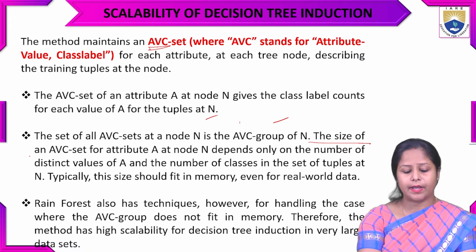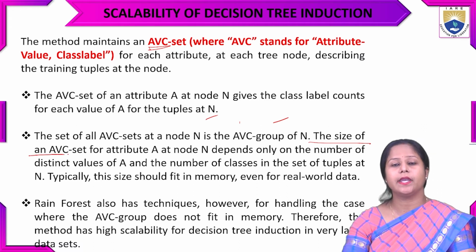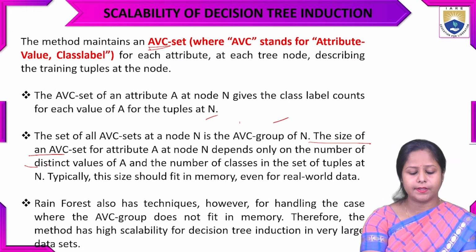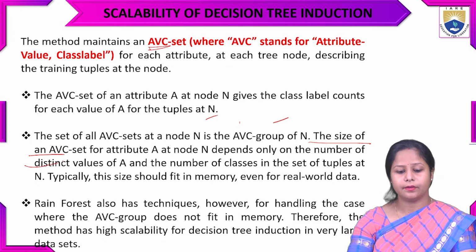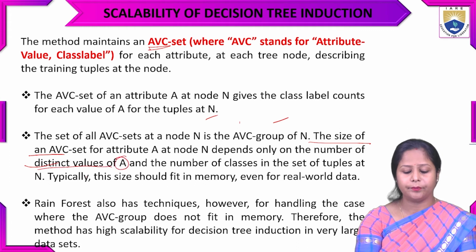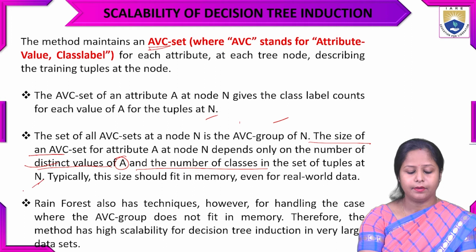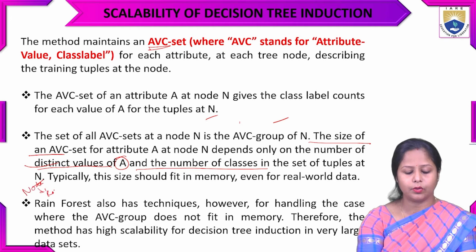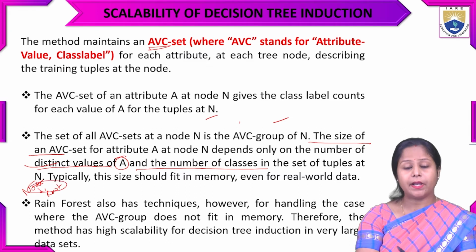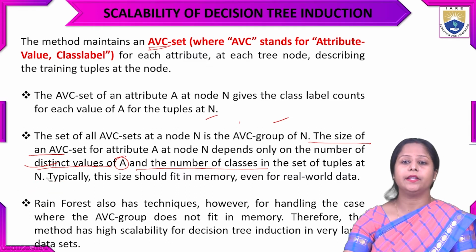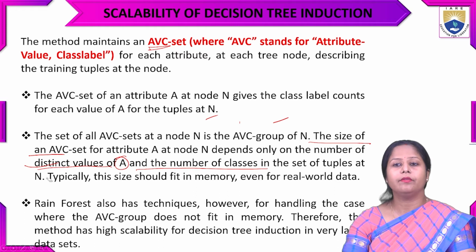The size of an AVC set for attribute A at node N depends only on the number of distinct values of A and the number of classes in the set of tuples at node N. So typically this size should fit in the memory, right? Even for real world data.